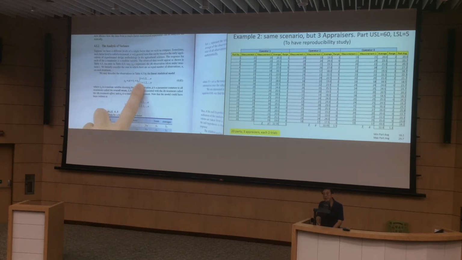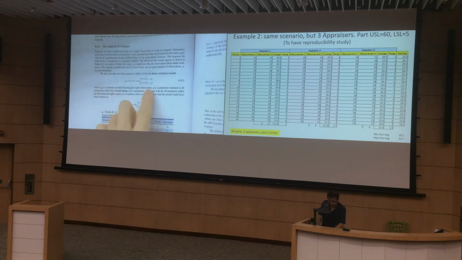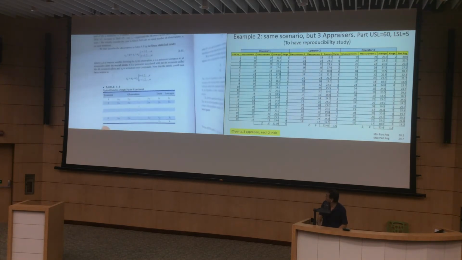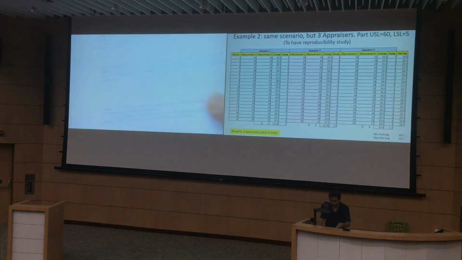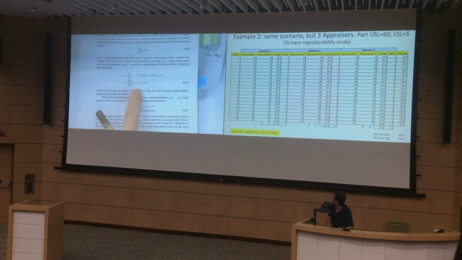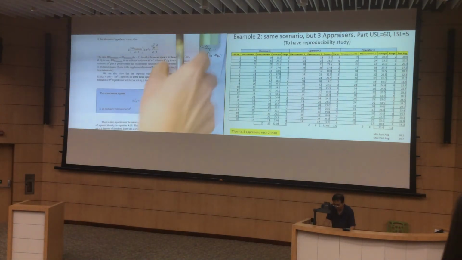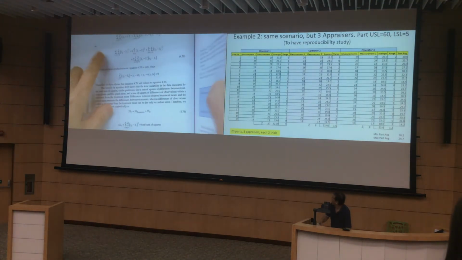If we have more factors, like the parts factor, the operator factor, the equipment factor, or sometimes other factors inside there, you introduce more terms. Typically you collect this number of terms and number of observations, and then you do a lot of computation. The computation is very yucky, a lot of summations.